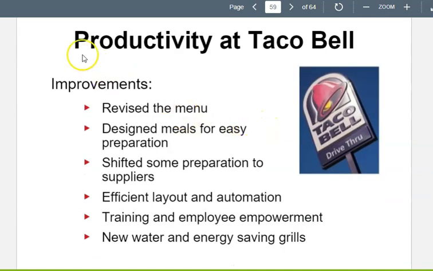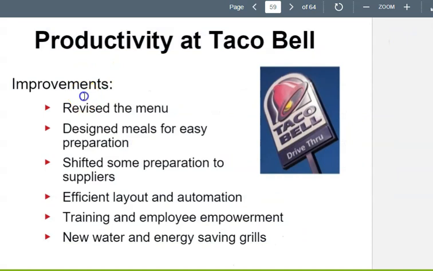So we have an example here, productivity at Taco Bell, and improvements they made to increase their productivity. They revised their menu. I don't know if you have been to Taco Bell. You get there, I pay, and in less than 5 minutes the food is ready. But of course the quality of the food is the challenge, and how healthy that food is.